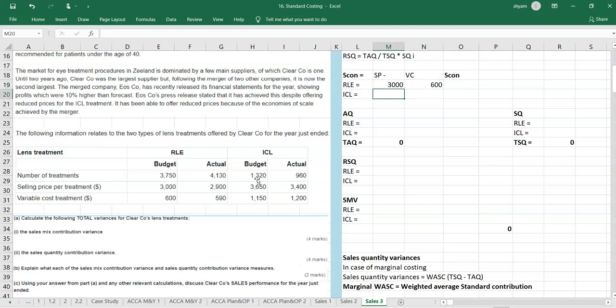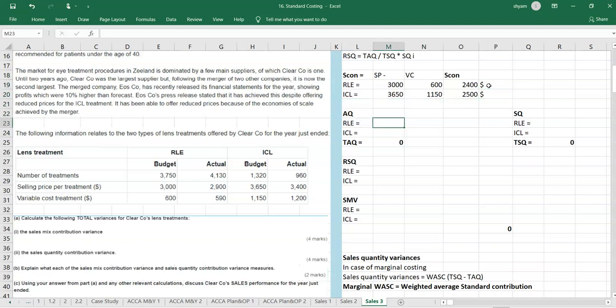Here we have standard selling price 3650 and standard variable cost 1050. So let's get the standard contribution. Okay, so that we got. Now, this is represented in terms of dollars.